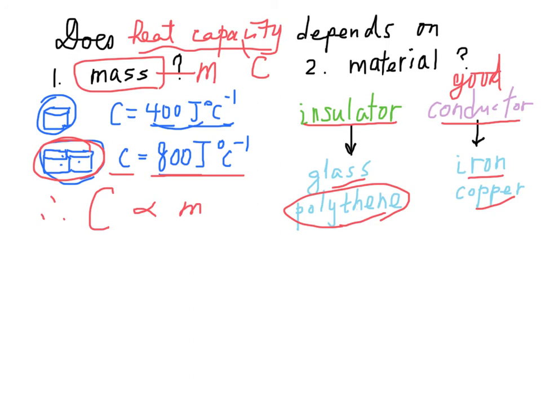We all know that insulators are more difficult to be heated up than good conductors. Since insulator is more difficult to be heated up, therefore more energy is needed to raise the temperature by 1 degree of an insulator than a conductor.